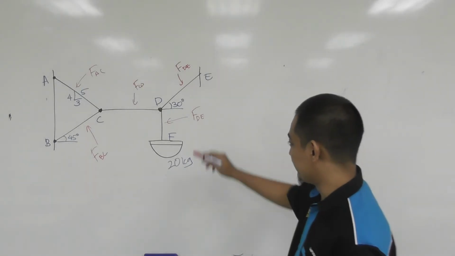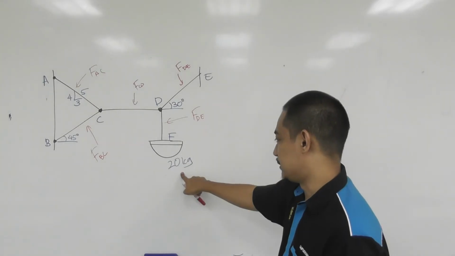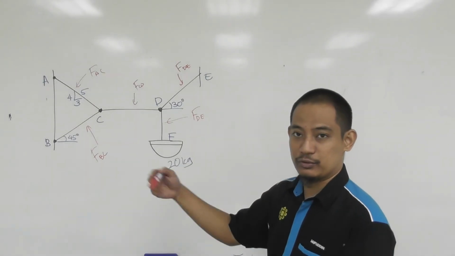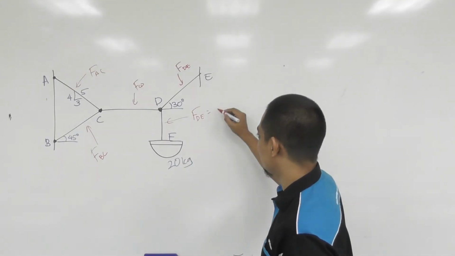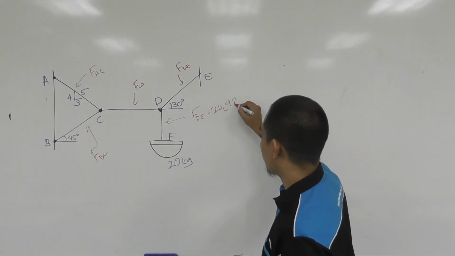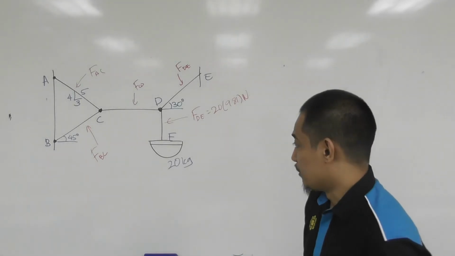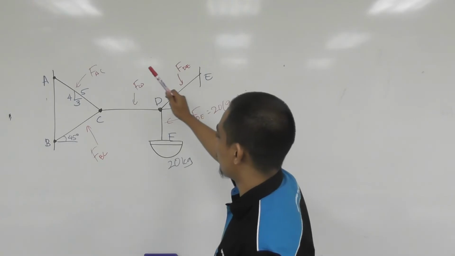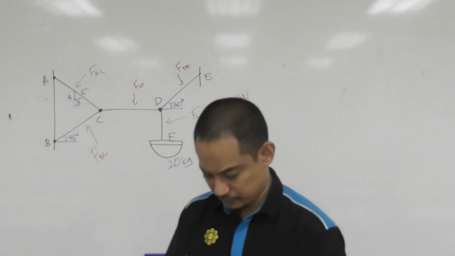But of course, from here you should know already this value can be calculated straight away before even doing any free body diagram, simply because of this weight, 20 times 9.81. So we basically have 4 unknowns. Can you solve it?